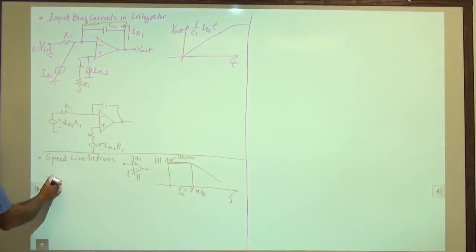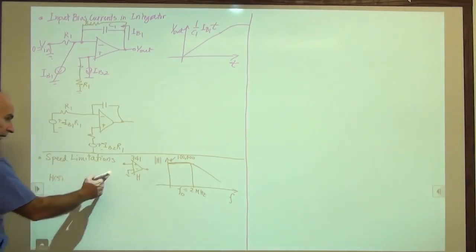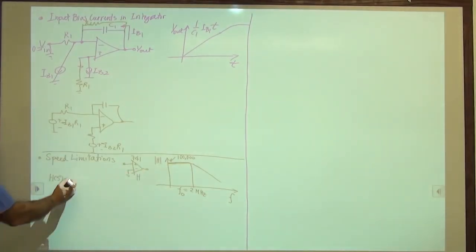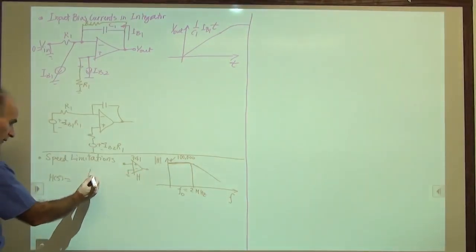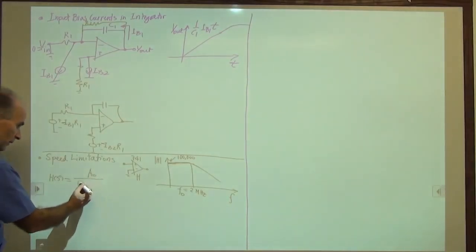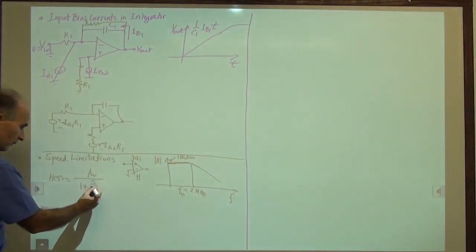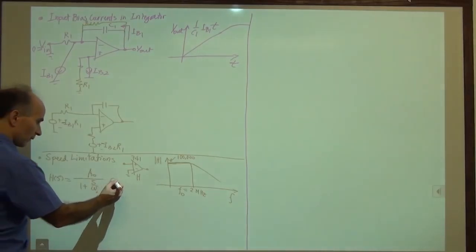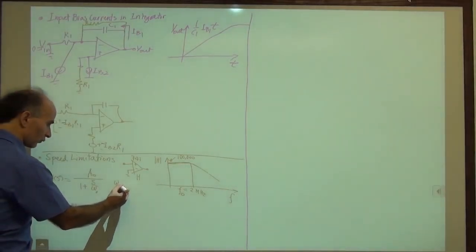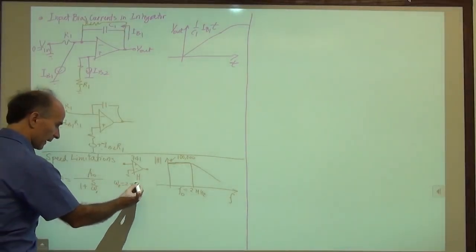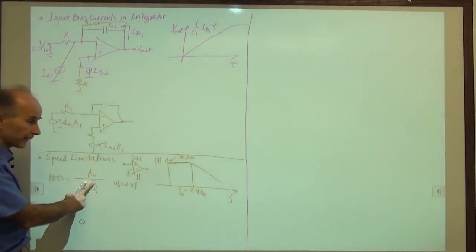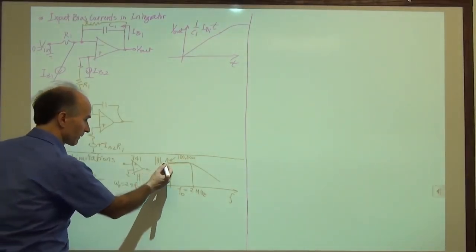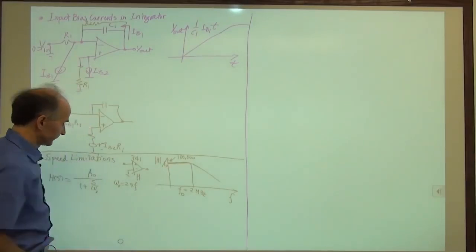We'll say H of S for this op-amp is equal to A0 over 1 plus S over omega 0. Omega 0 is just 2 pi F0. We need that because S itself has 2 pi. And then A0 is this factor of 100,000.